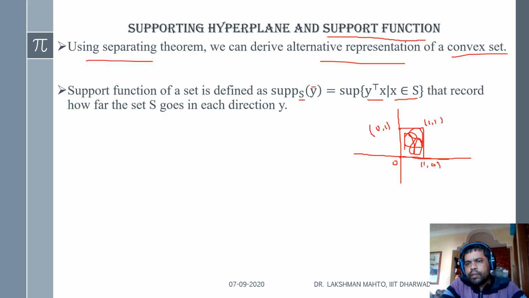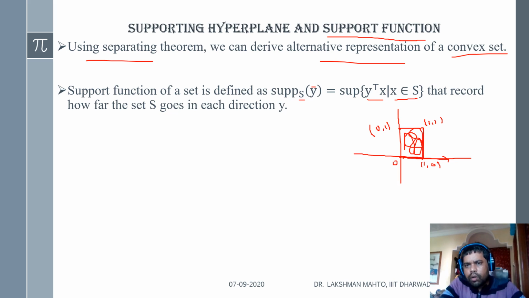For this set, in every possible direction I had already defined the support. So if you are walking in the 1 0 direction, what is the support? You will get 1 in this direction. How can you get the support? In this direction, project every element of this given set.